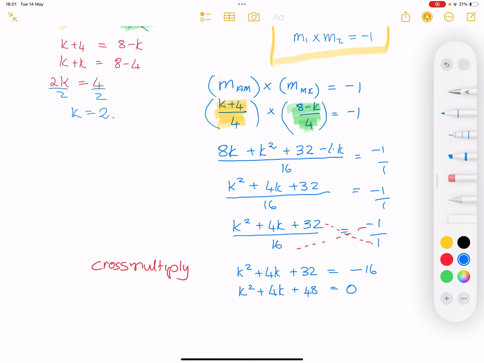Okay, now the k: 12, 1 and 48, 2 and 24, 3 and 12, 8 and 6. So somewhere there must be a mistake. Let's just check in the book.